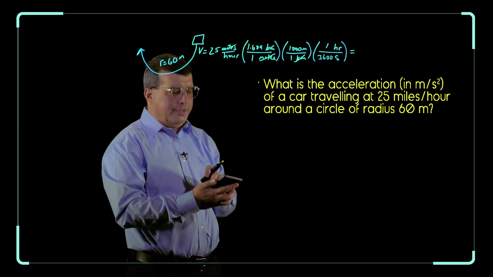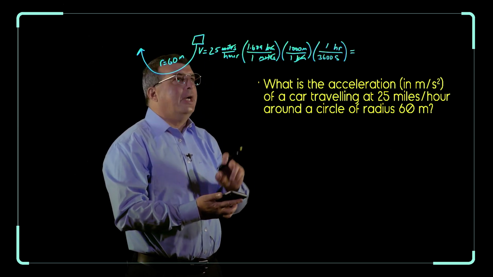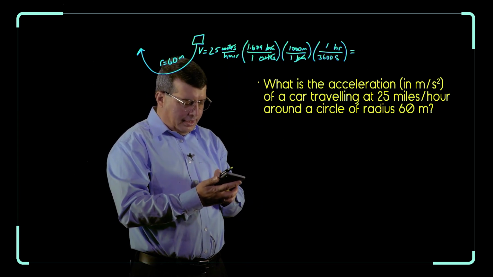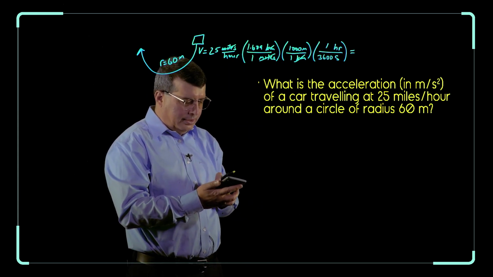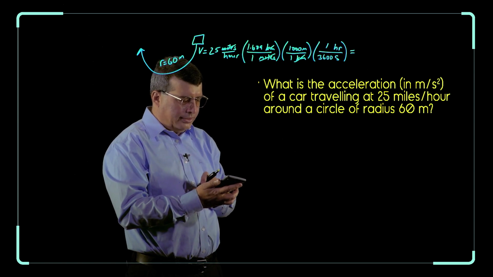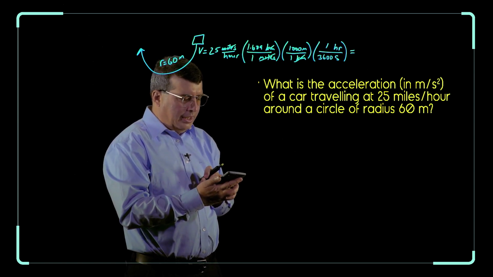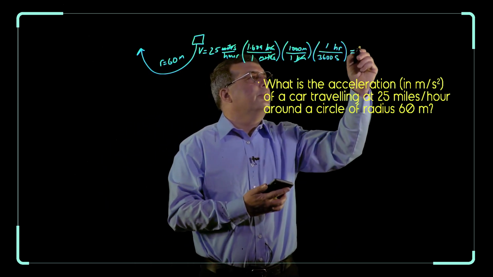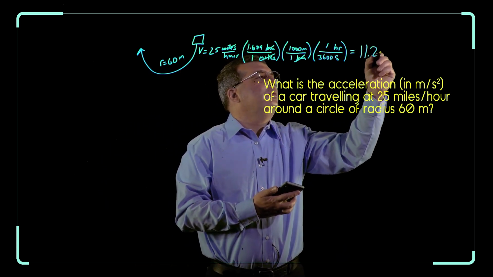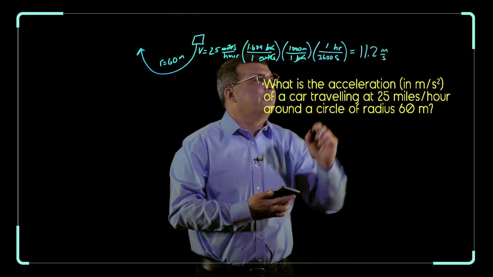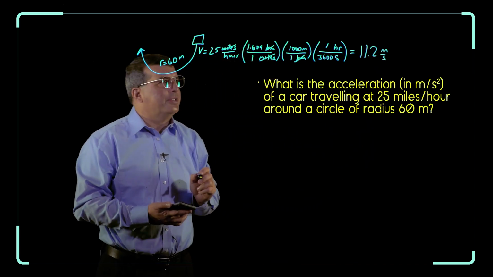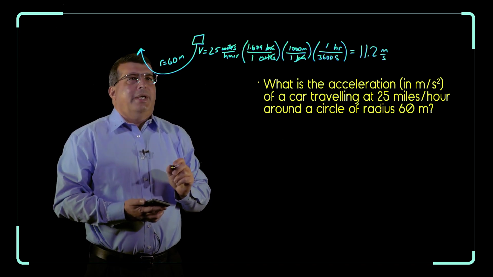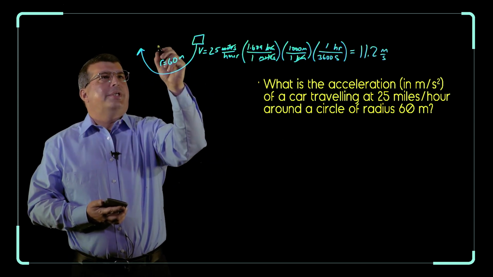What is that? 25 times 1.609 times 1,000 divided by 3,600, and that is 11.17, which I'm going to round up to 11.2 meters per second. So the speed of the car is 11.2 meters per second. And the question is, what is the acceleration?